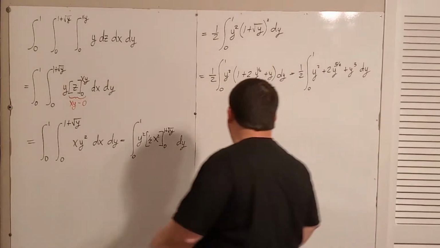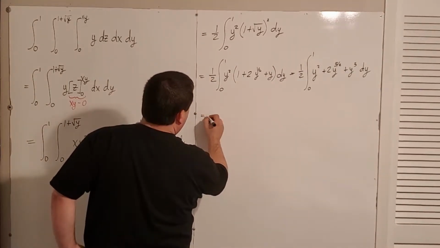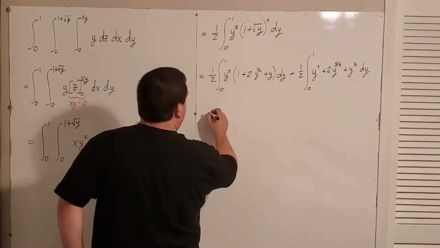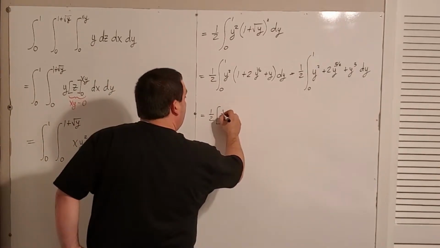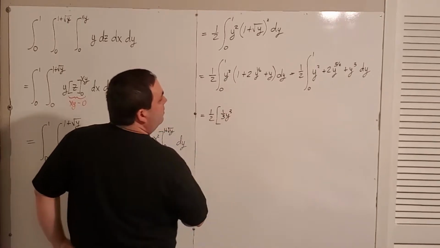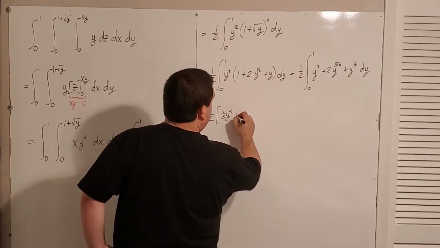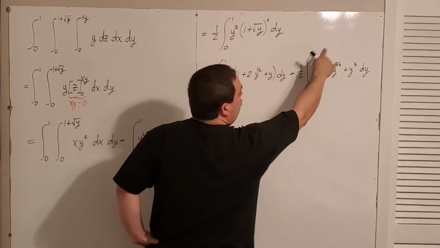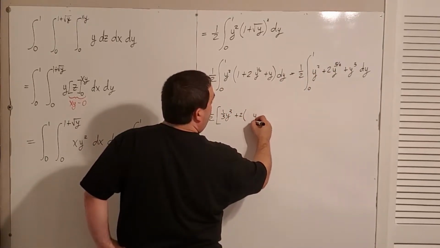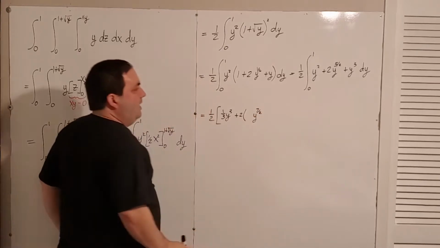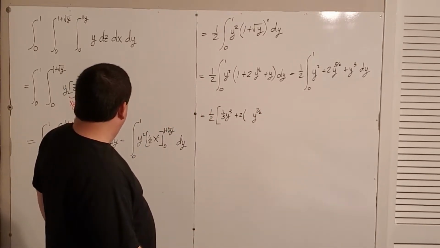All right, next, 1/2, and then I have a 1/3 y to the 3rd plus, now I have 2 times, right? And that's going to be y to the 7/2 there, right?